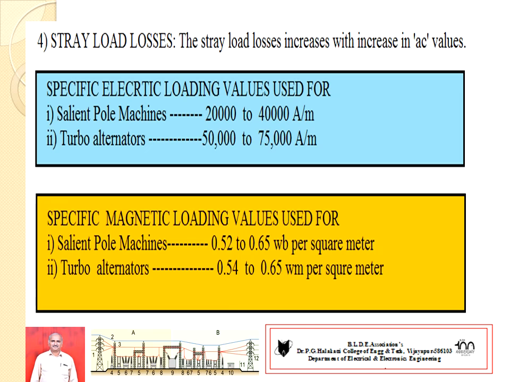So what are the typical values for specific electric loading? For salient pole machines it may be 20,000 to 40,000. For turbo alternators it may be 50,000 to 75,000 ampere conductors per meter. In the same way, what is the range of specific magnetic loading used for machines?